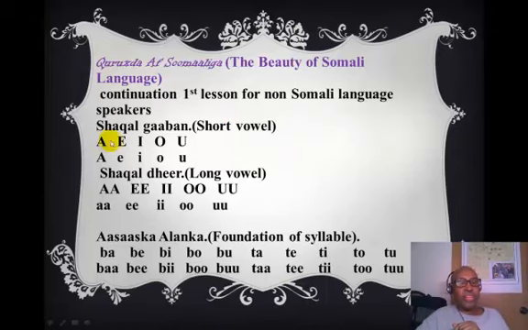A, E, I, O, U. Let's repeat again. A, E, I, O, U. That is the 5 short vowels. Let's go to the long vowels.